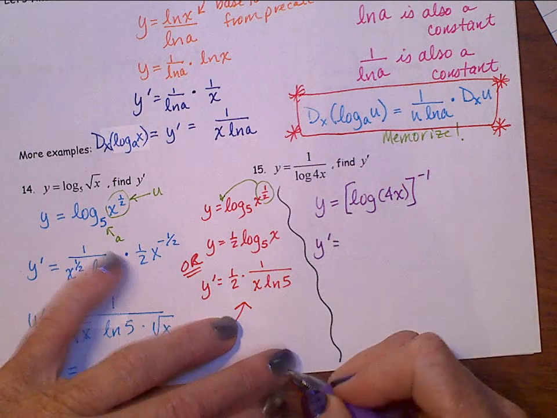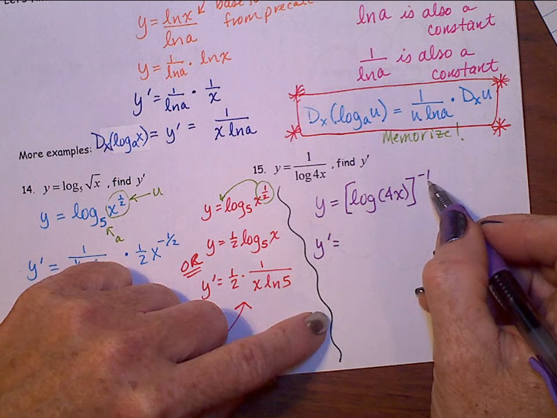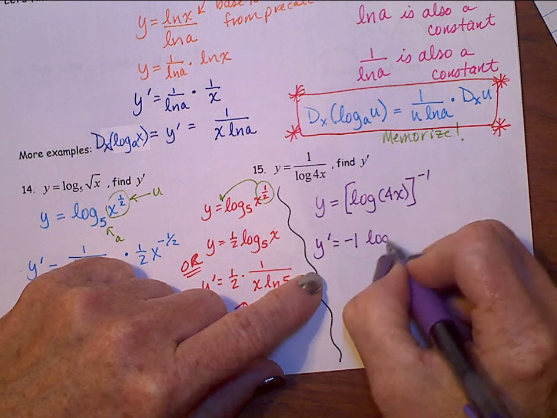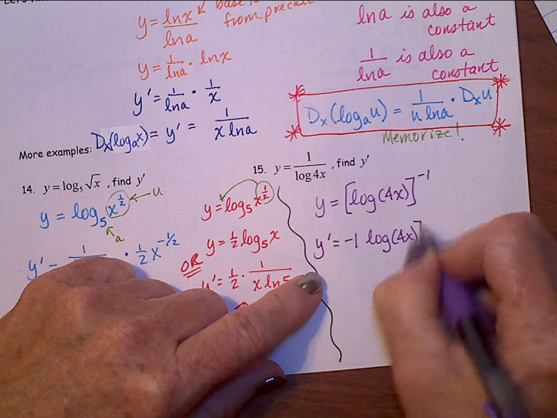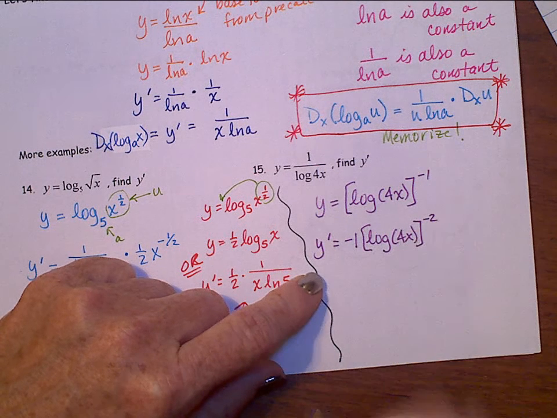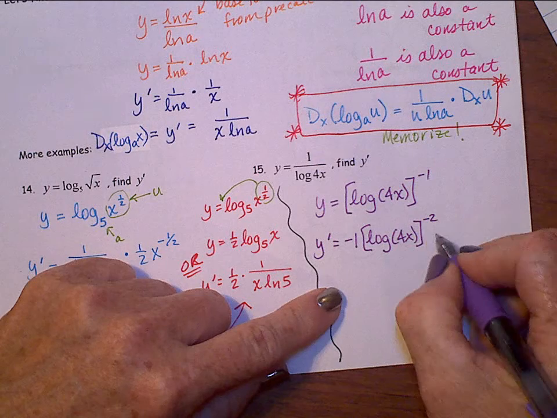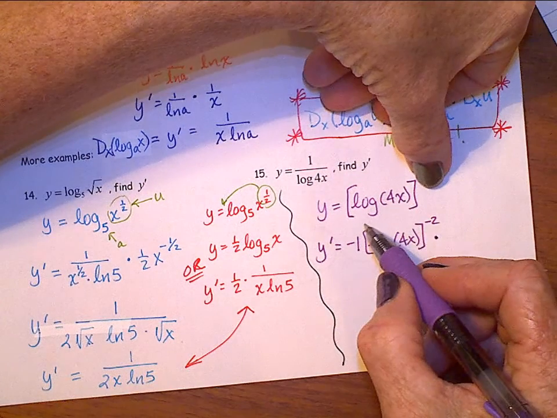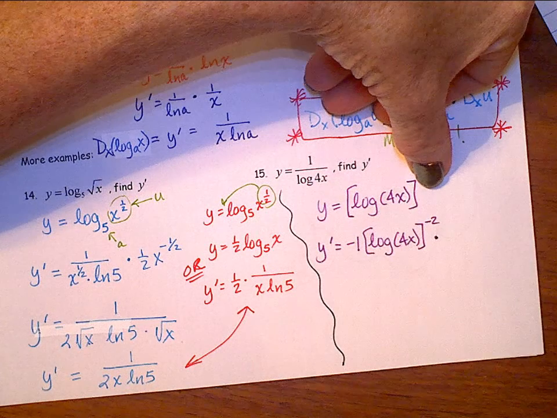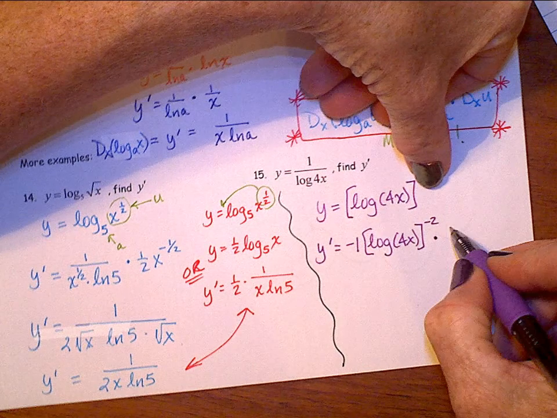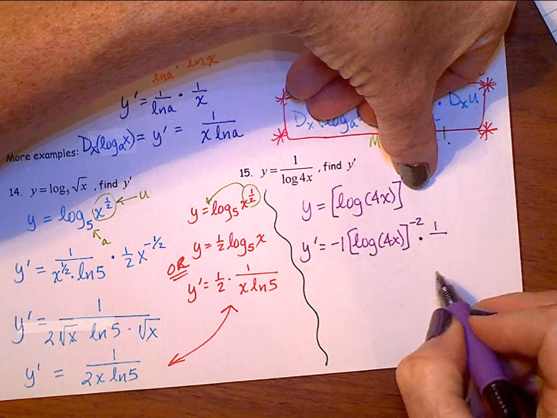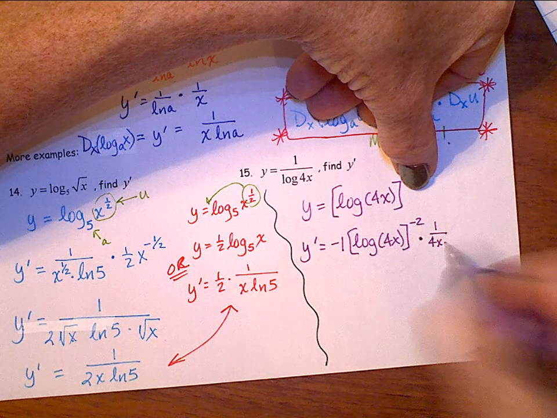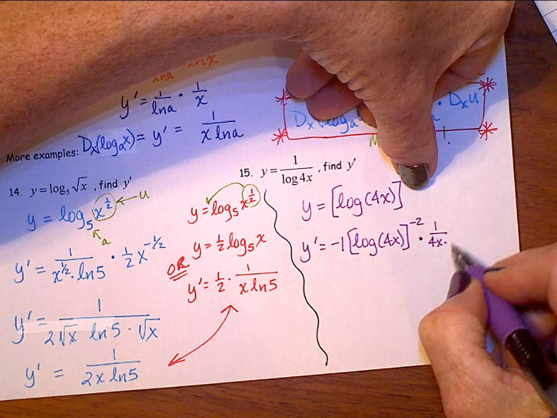Y prime, the outside most is this negative 1 exponent. Pull that in front. Negative 1 log of 4x to the negative 2. So we've taken care of that negative 1. Now do the derivative of the log part. And the derivative of the log part will be 1 over the u, so 1 over 4x times ln a.